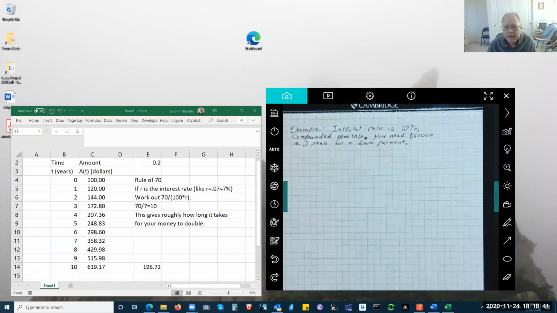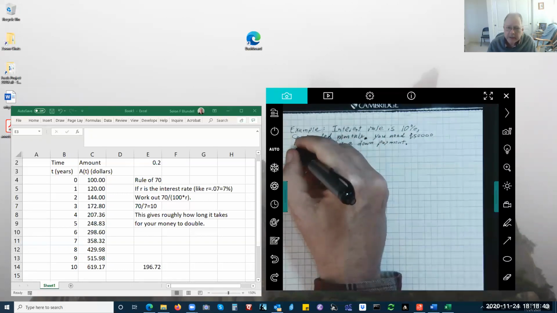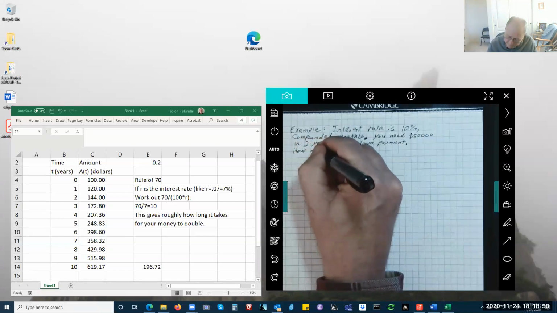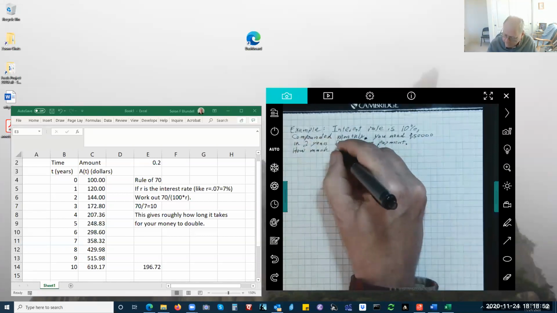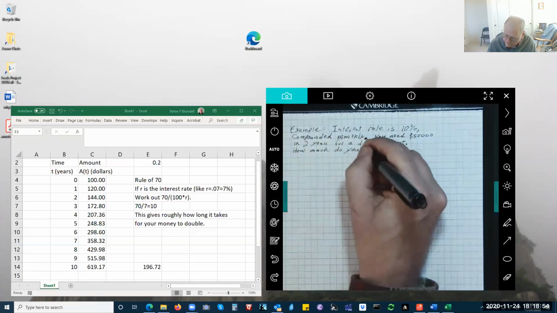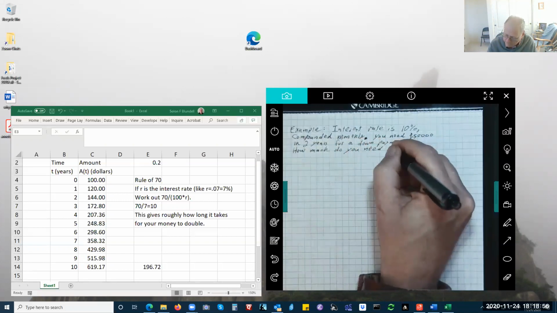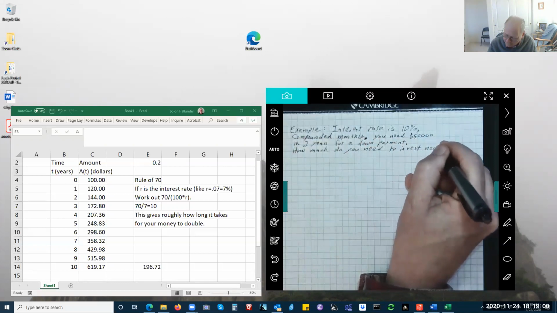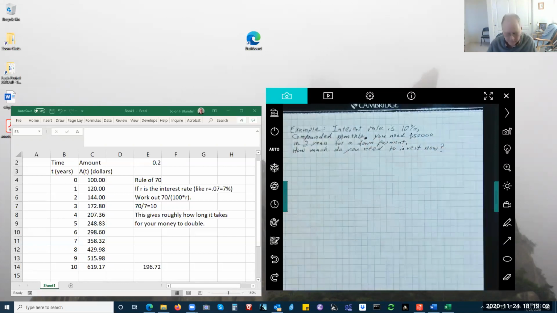We're thinking ahead for some big purchase. How much do you need to invest now?